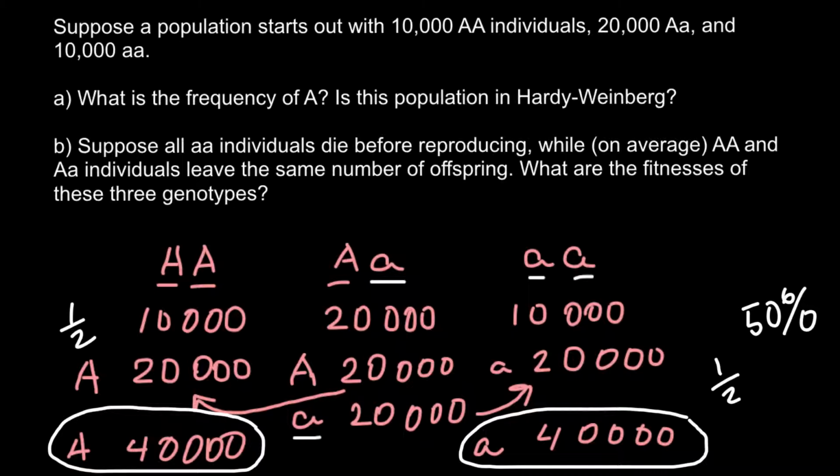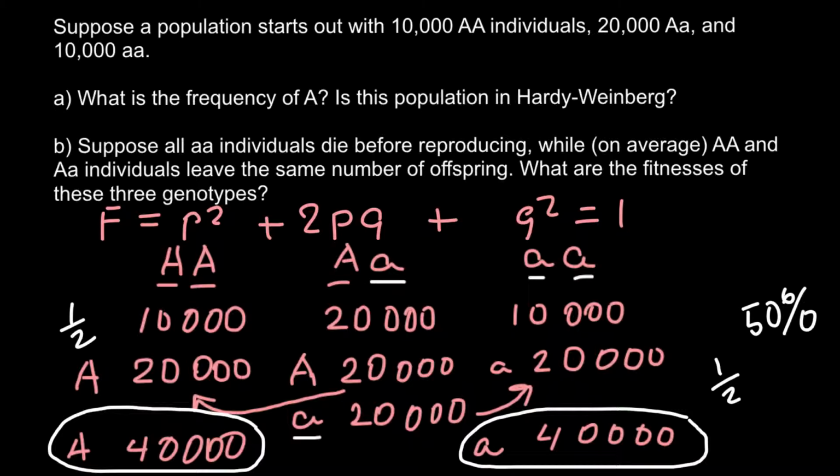Next question: is this population in Hardy-Weinberg equilibrium? Here is the formula for Hardy-Weinberg. The frequencies of the three genotypes equal p squared plus 2pq plus q squared, and all this equals 1 or 100%.